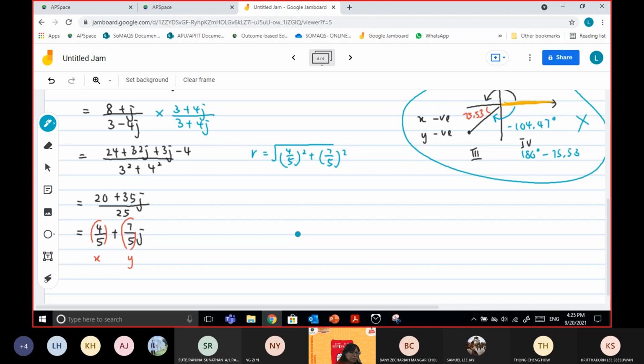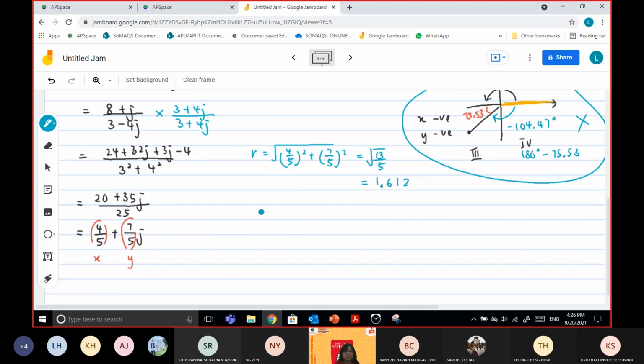Okay, so when you find the R, what is the R here? You have the square root of 13 over 5, which is giving you 1.612.